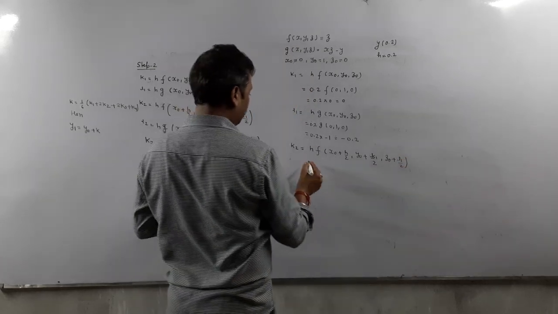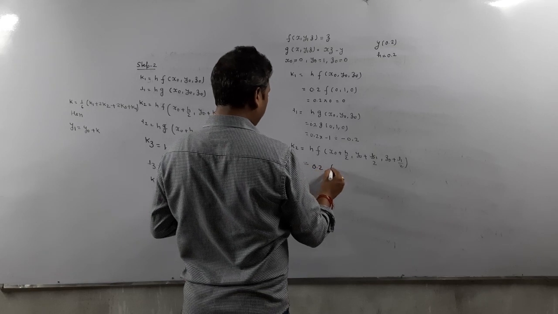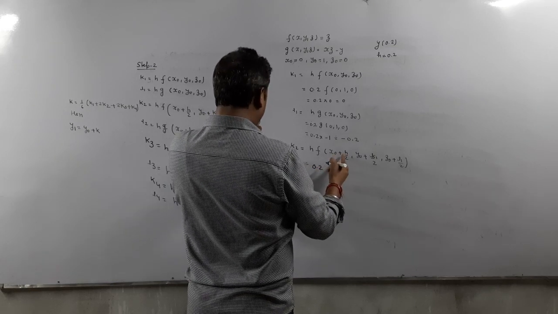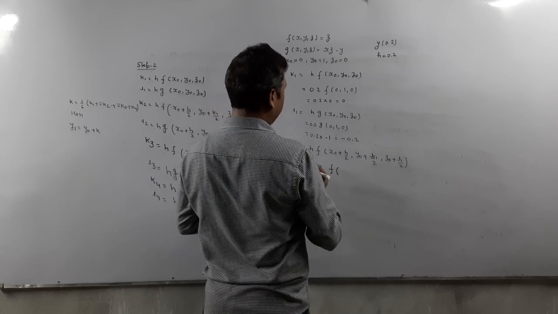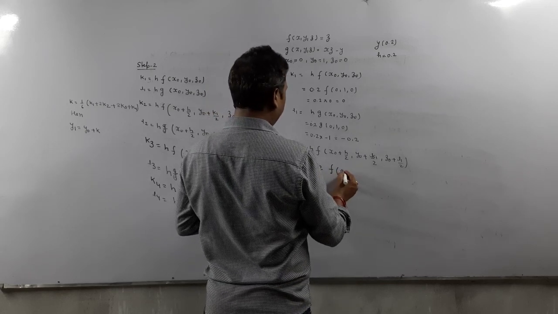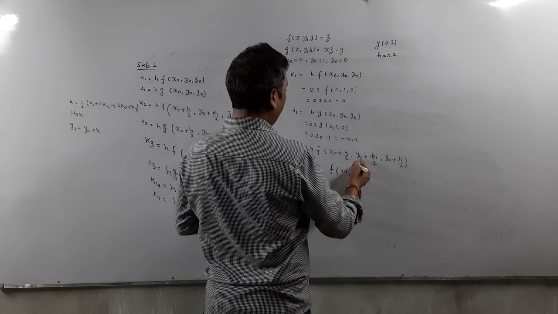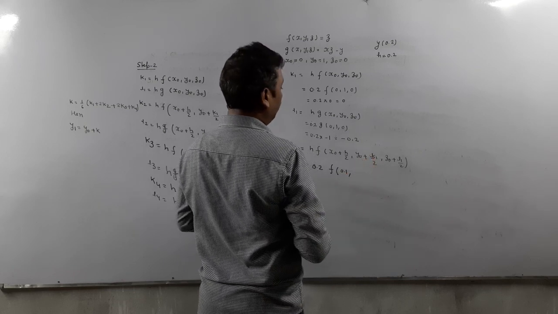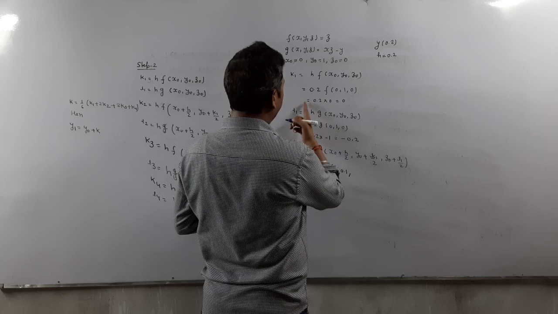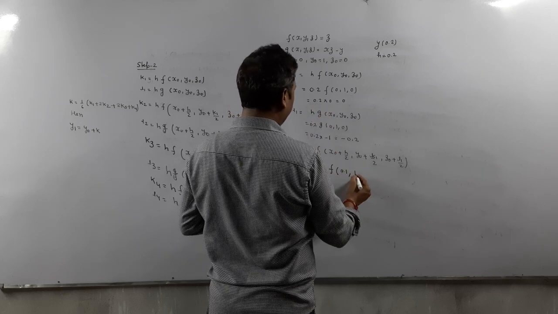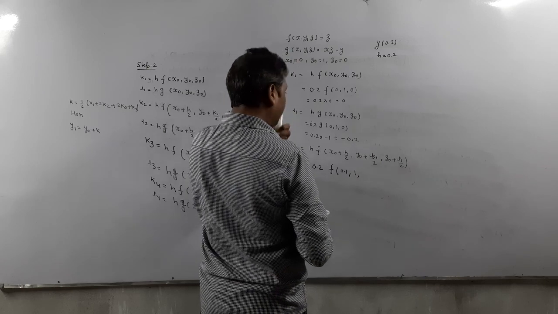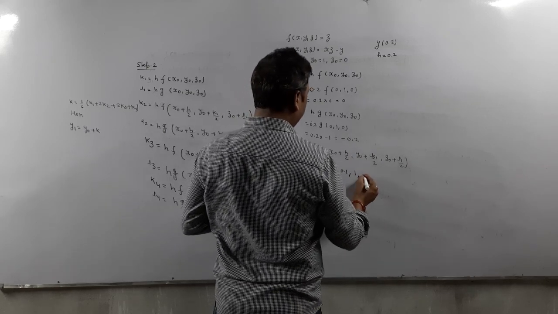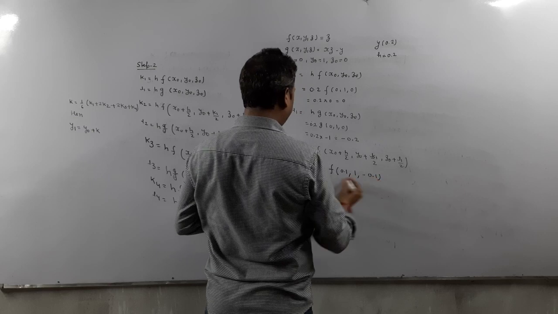The h value is 0.2, function at x naught plus h by 2. x naught is 0, h by 2 means 0.1. y naught plus k1 by 2: y naught is 1, k1 is 0, so the value is again 1. z naught plus L1 by 2: z naught is 0, L1 by 2 means minus 0.1.